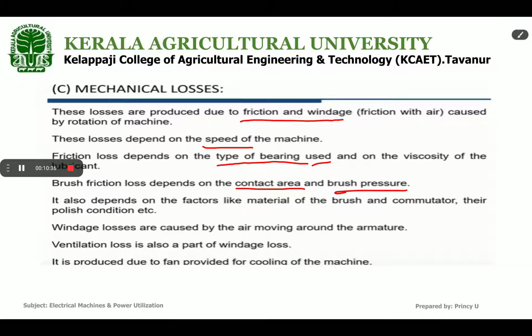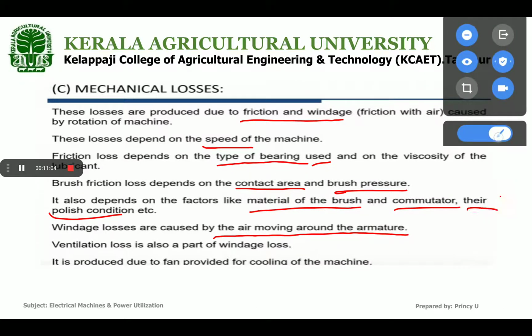It also depends on factors like the material of brush and commutator, their polish condition, etc. Windage losses are caused by the air moving around the armature, and the ventilation losses are also a part of windage loss, produced due to the fan provided for cooling the machine. So these are the mechanical losses.